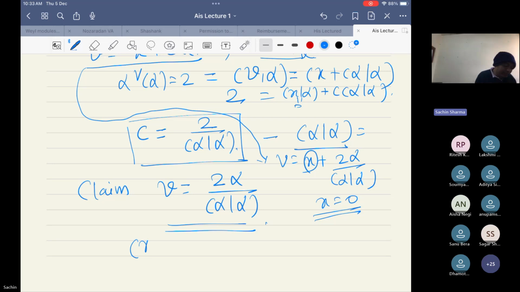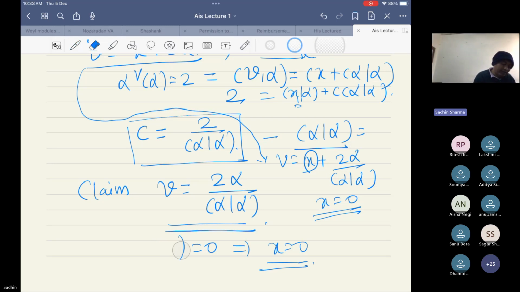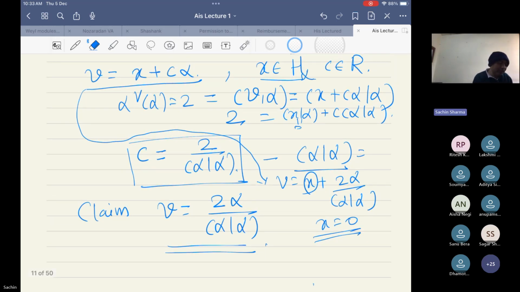Prove that X with any other vector V is equal to 0, to prove that X is equal to 0. Okay, so let us try to prove it at least, so it will end once and for all. We need to prove that this thing is equal to 0. So you take any y belonging to H alpha.